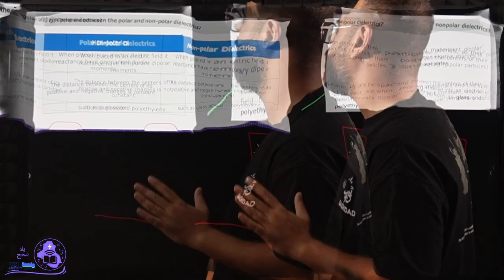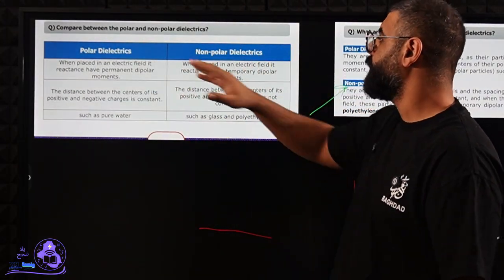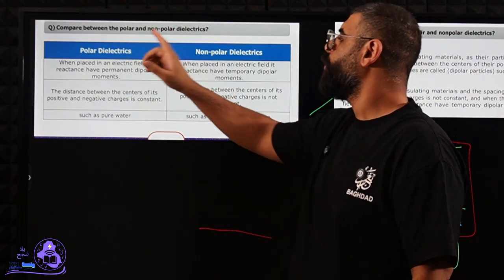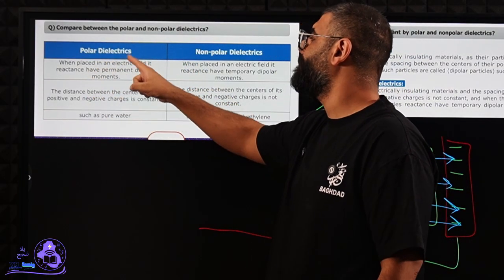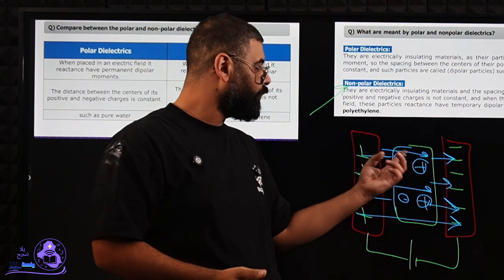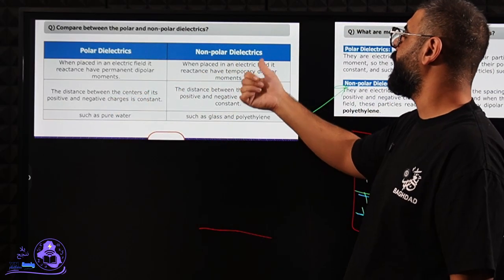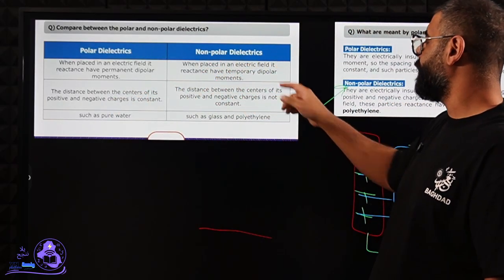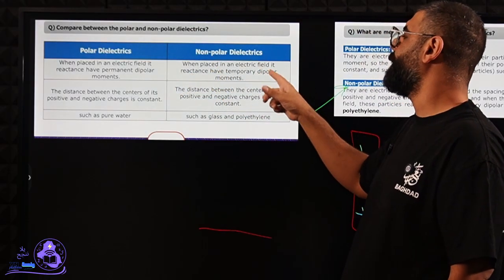So if we want the difference between the polar and nonpolar dielectrics, let's take a quick look. The polar dielectrics, when placed in an electric field, have permanent dipolar moments. But in nonpolar dielectrics, when placed in an electric field, as we have mentioned, the particles have temporary dipolar moments.